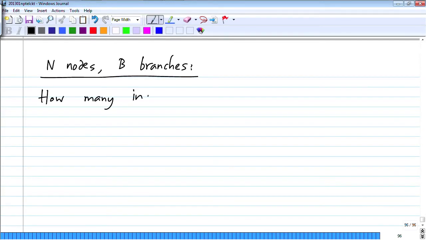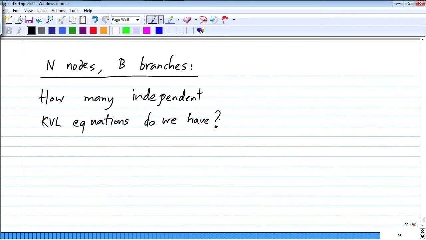How many independent KVL, Kirchhoff's voltage law, equations do we have? Okay, please try to answer this one. How many independent KVL equations do we have?